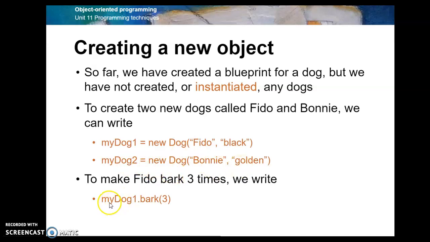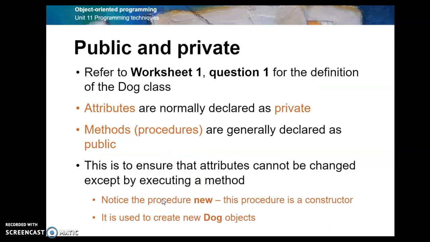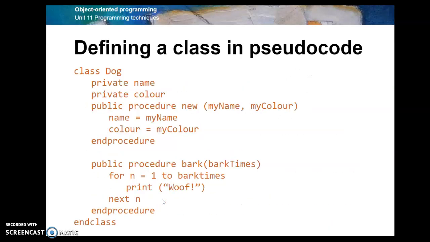You are now calling the method for this object. So my dog 1, which is Fido, has to bark 3 times. Now, what does it show under bark? So it has got the procedure bark, has taken the parameter of bark times, which is 3, and it will just print 3 times.